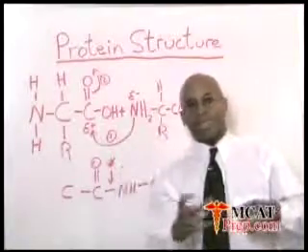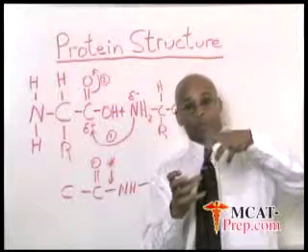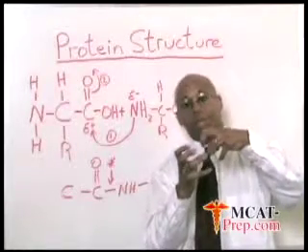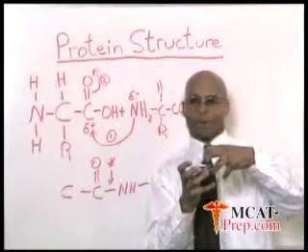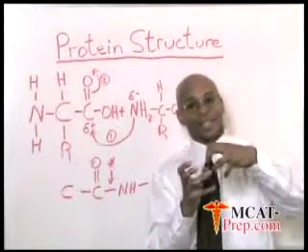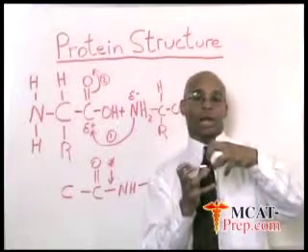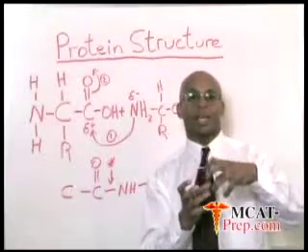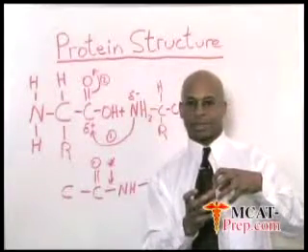When one cysteine and another cysteine molecule bond together, it creates what is called cystine. I know that's not a big difference. But nonetheless, this disulfide bond helps to hold together the tertiary structure of proteins.